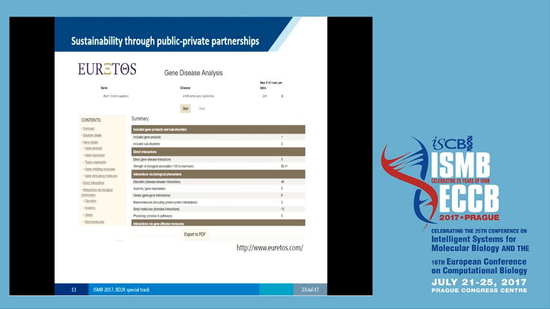Another thing that we did was to ensure sustainability. Of course we put all the code and everything in a public repository, but we found that it's also really useful to work with private companies. With Euretos, we did a knowledge transfer. We worked in collaboration with them to implement the algorithms that we developed into their data platform on knowledge discovery of gene-disease associations.